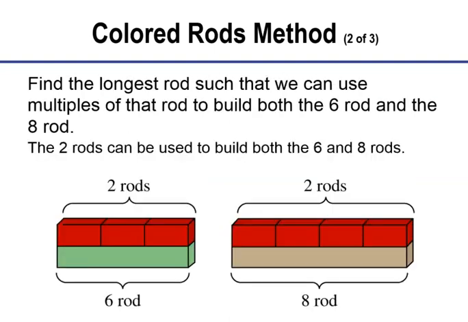So the 6 rod can be divided with 3 2-unit rods, and the 8 rod can be divided with 4 2-unit rods, which means 2 rods could be the greatest common divisor. Now, if we could divide 6 up with something even larger, we could divide it in half with 3 rods, but the 8 rod couldn't be divided with 3 rods.